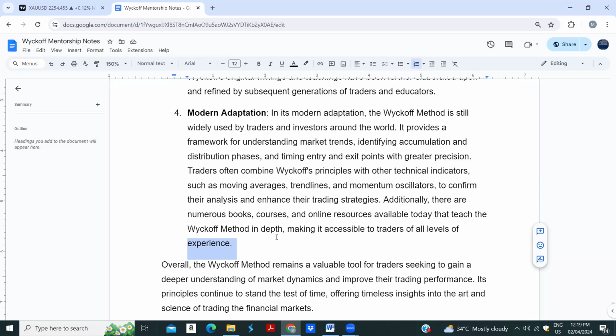There are numerous books, courses, and online resources available today to retail traders, investors, and participants of the market. So the Wyckoff method has been made accessible to traders of all levels of experience.